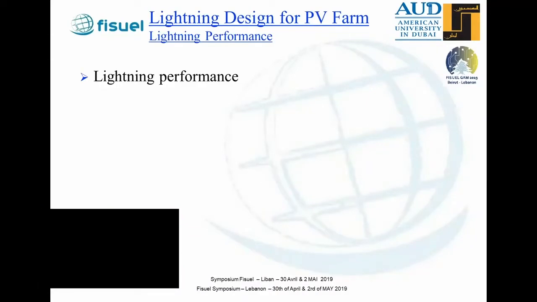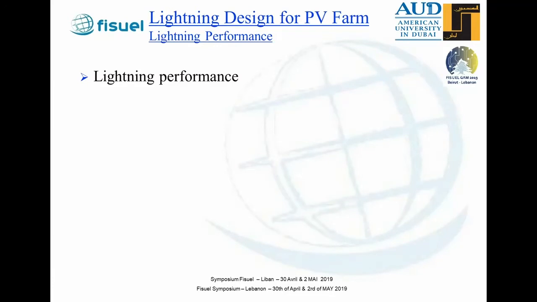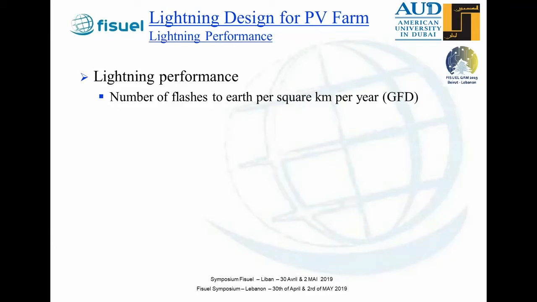In order to do a lightning performance assessment, you need to obtain numerous data, which are the ground flash density. This data is recorded for every country. Then the average annual keraunic level, TD. And for your information, based on the IEEE standard, ground flash density is equal to 12% of TD.